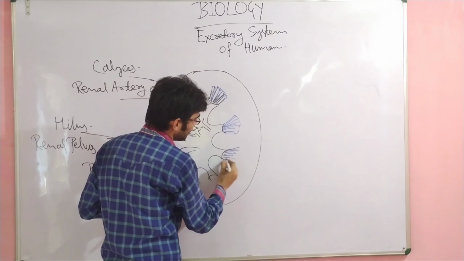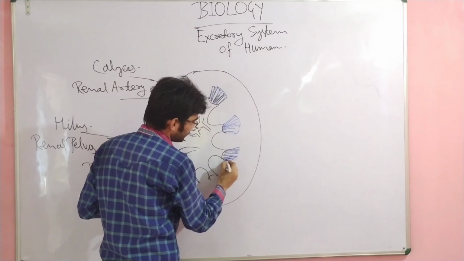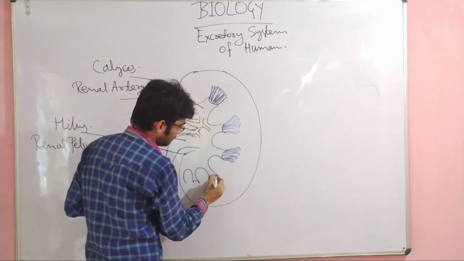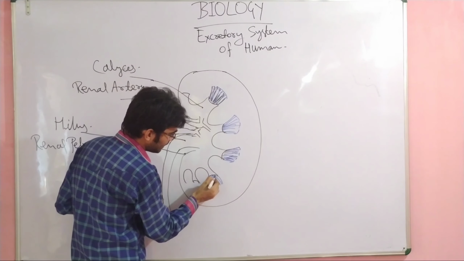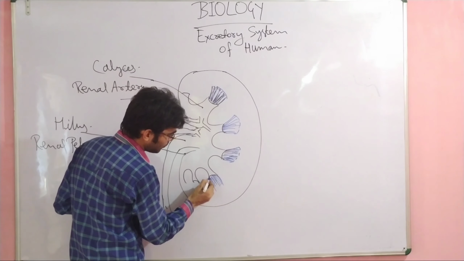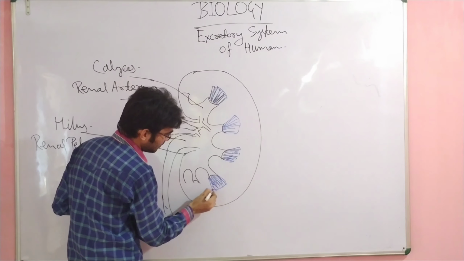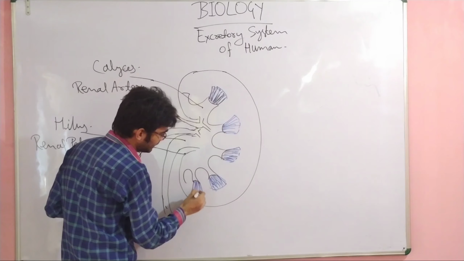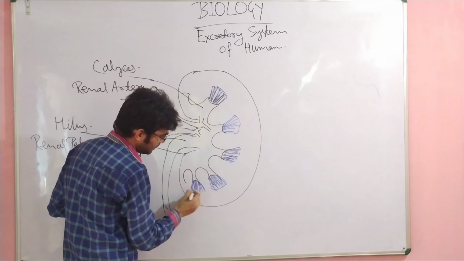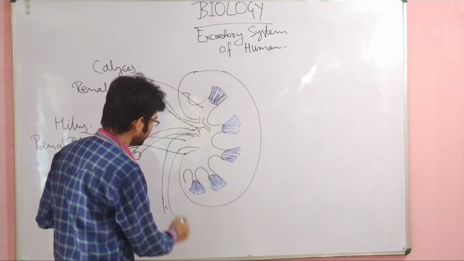Numerous pyramidal regions are there in the kidney. I will also discuss briefly what the role of these structures is, and why they are striated in appearance, what is the reason behind the striation. The kidney is laden with numerous renal pyramids.